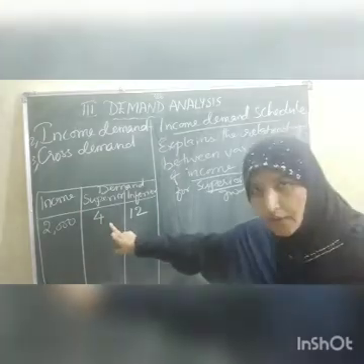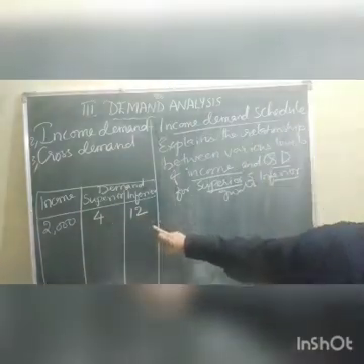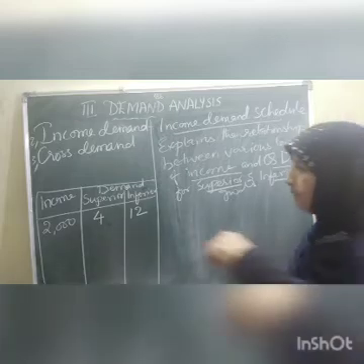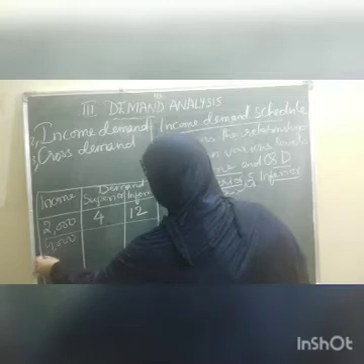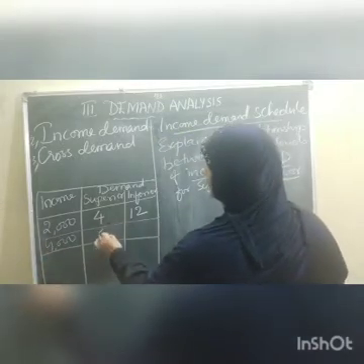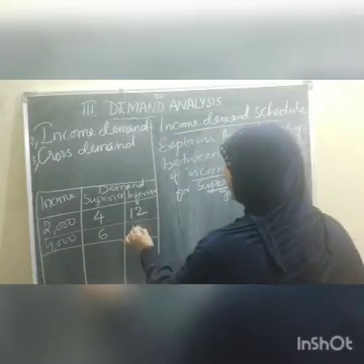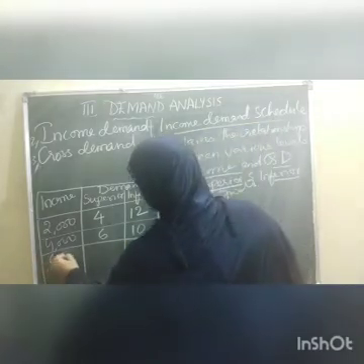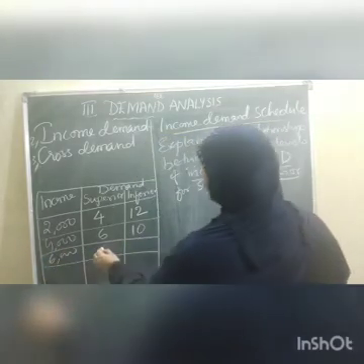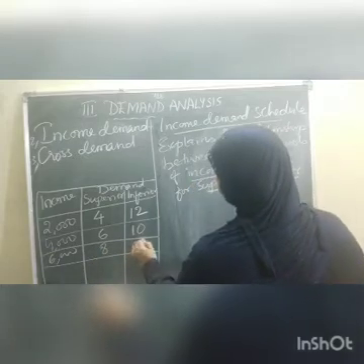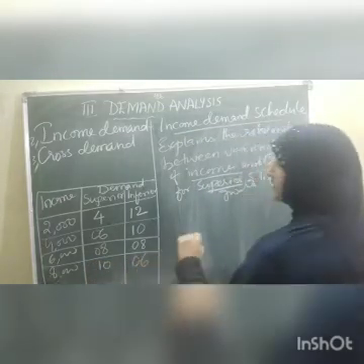Then suppose salary increases from 2,000 to 4,000; here we find it is 6, and for the inferior it is 10. Then at 6,000, here we can say 8. Then at 8,000 it increases to 10, and then the inferior decreases to 6.